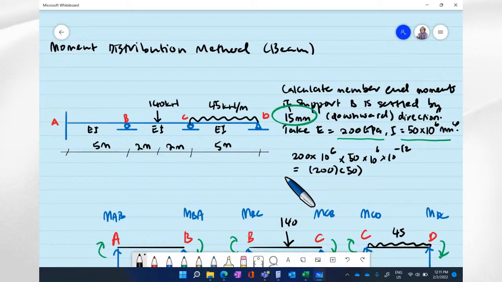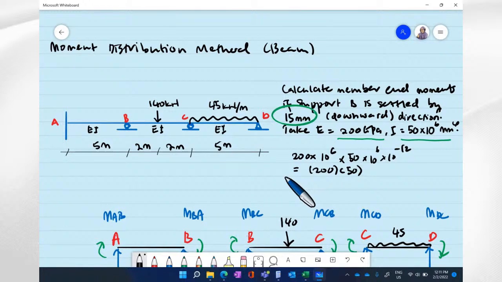So this is a continuous beam A, B, C, D. A is fixed, B and C are rollers, D is pin.